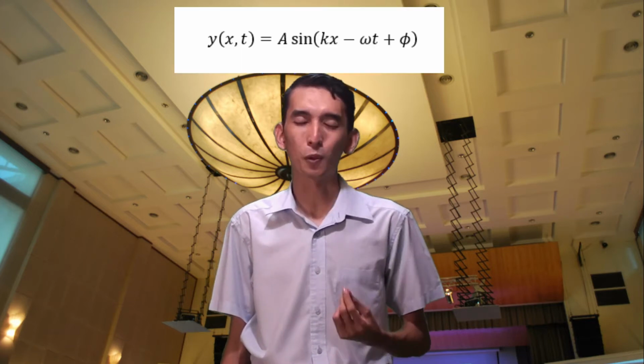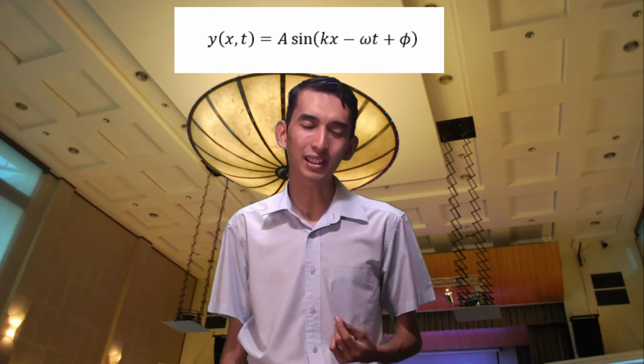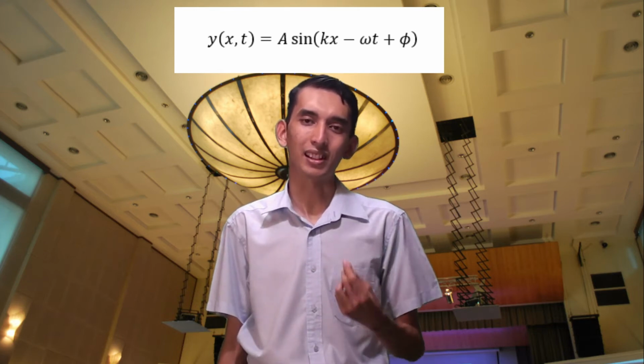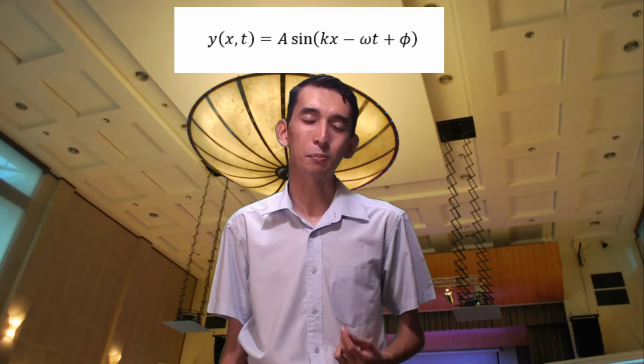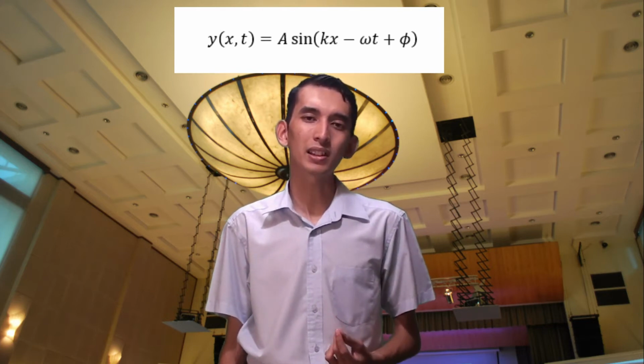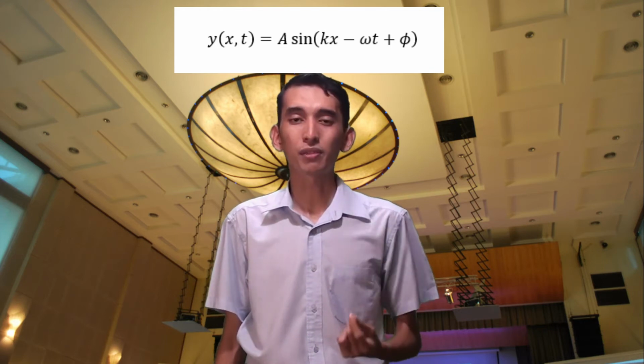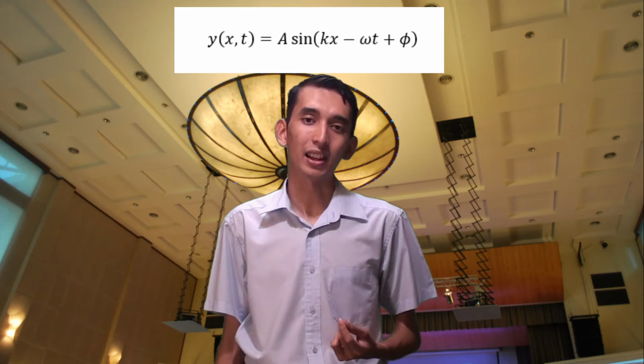The traveling wave equation can be written as y of x,t is equal to A sin(kx minus omega t plus phi). In this equation, y is the height of the wave at position x and time t.